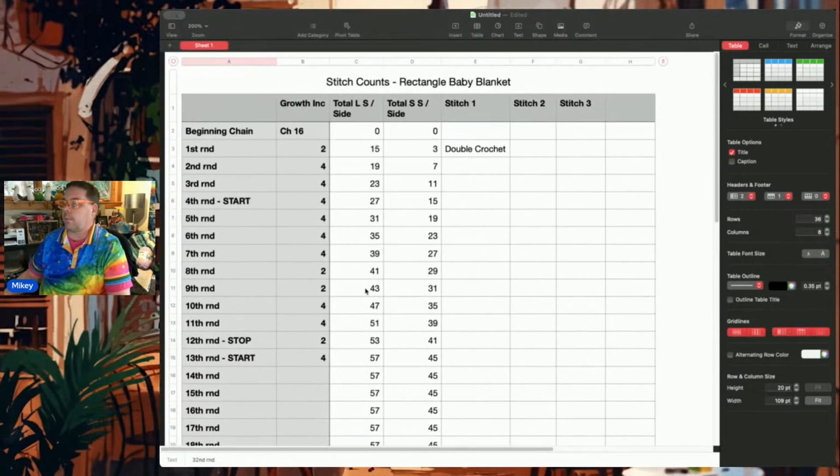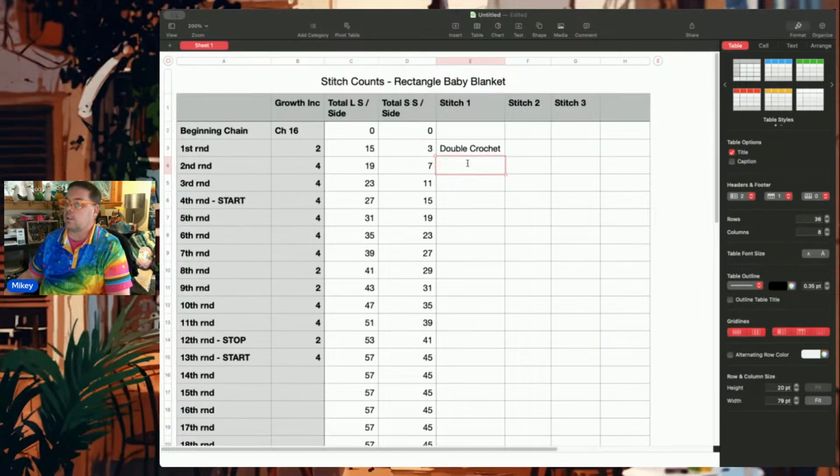Okay, so let's go back up here, and now we have to fill in our stitches. We have stitch 1 and stitch 2. Stitch 1 would be single crochet.